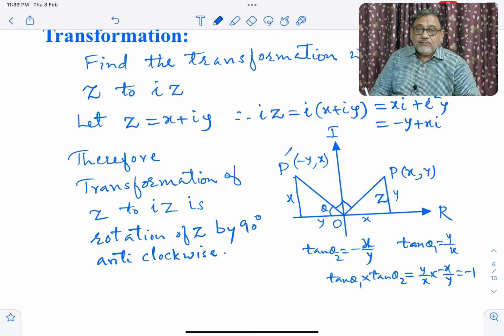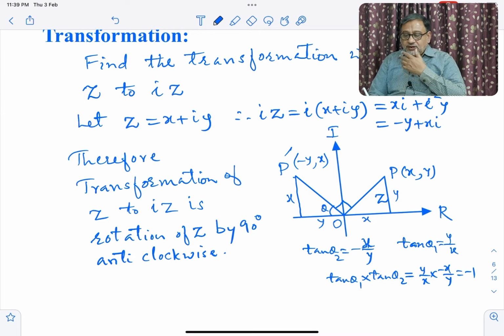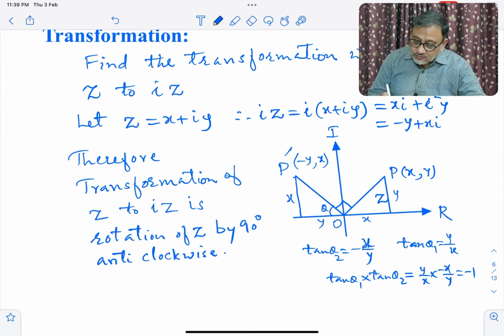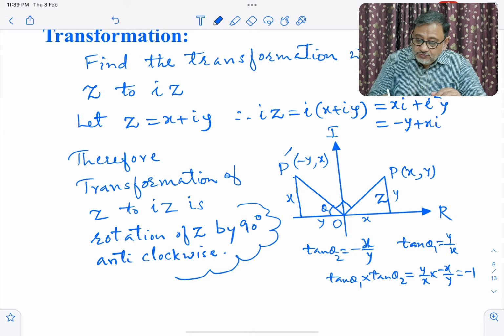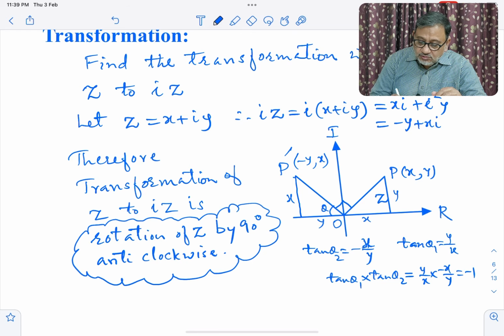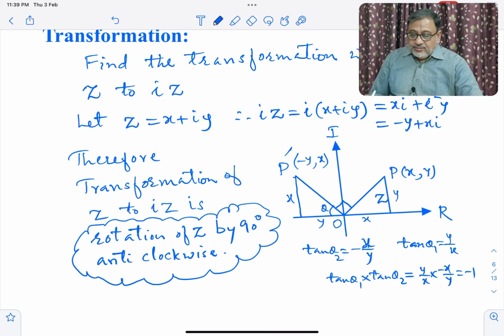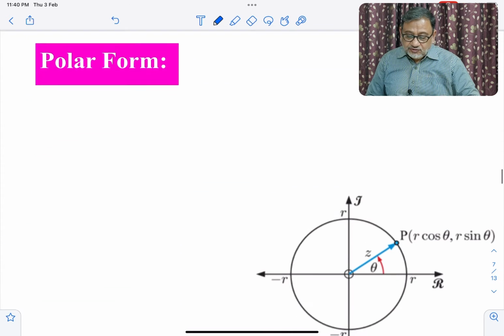So you know that -1 means they are perpendicular to each other. Therefore it is rotation of z by 90 degrees anti-clockwise. I hope you will remember this. If time permits, we are going to solve many questions based on it, of course.